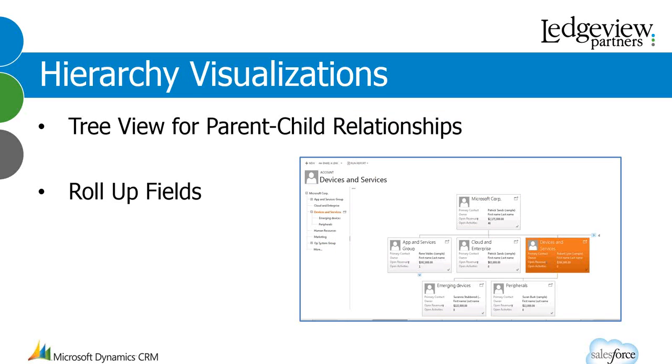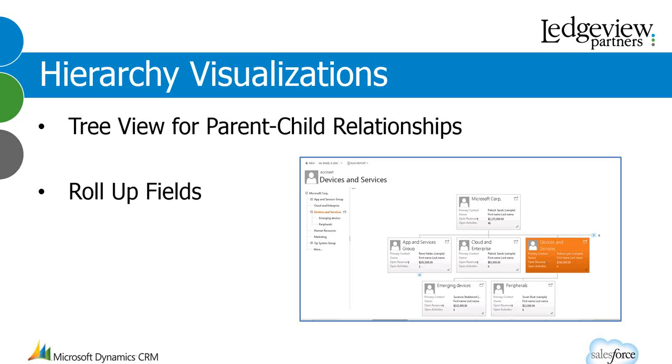They did add a hierarchy visualization. Now, they technically had a hierarchy built in previous versions of CRM, especially on the account. So you had your account, and you could set who the parent account would be. This was a hierarchy that CRM had by default. Now, this allows you to visualize those hierarchies.